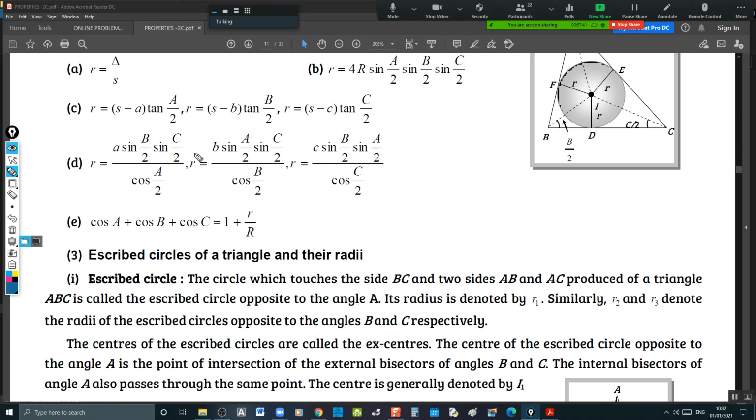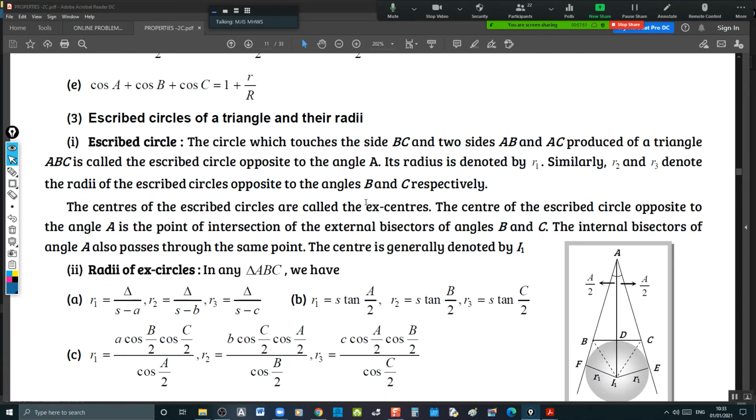Now, these are called escribed circles. Escribed circles, incircle, circumcircle.